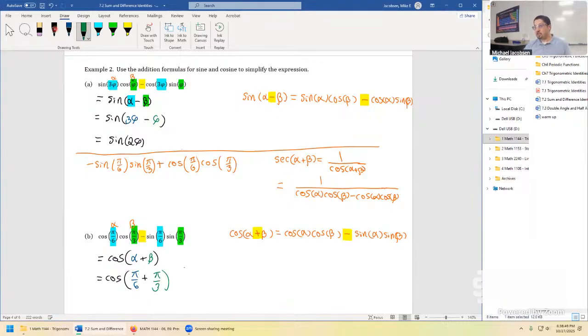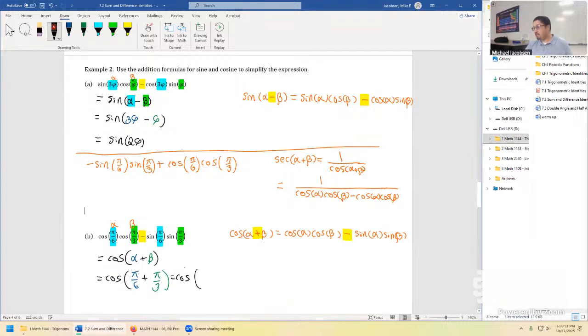And this one keeps on going as opposed to part A. Part A involved an algebraic expression in the variable phi, 2 times phi, so it just stops right there. But this one, if you know what the angles are, we have to keep on going further and evaluate them. So this is now equal to, let's add pi over 6 and pi over 3 together.